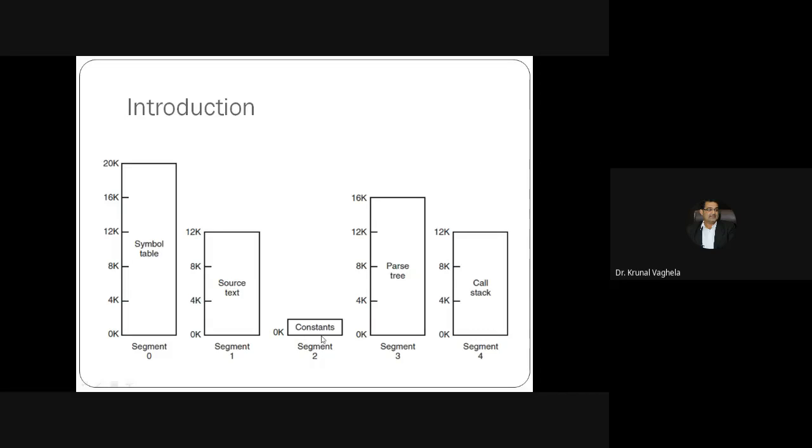You will need few addresses for constants, then the parsing tree, segment 3, and segment 4, which is the procedure call. So each has a separate address space. Now the address must contain which segment, for example all zeros, but which segment, either 0 or 1 or 2. So your address will contain two parts: one is the segment number, and the second is the internal address within that segment.